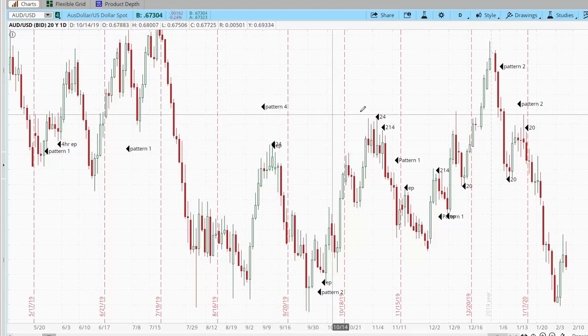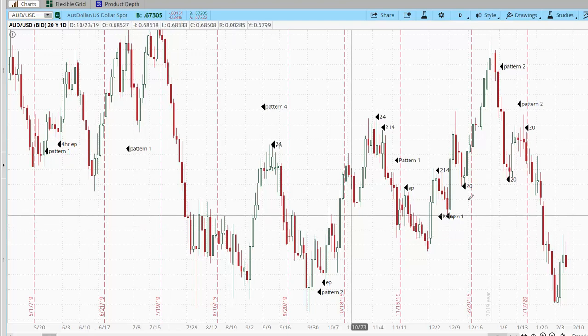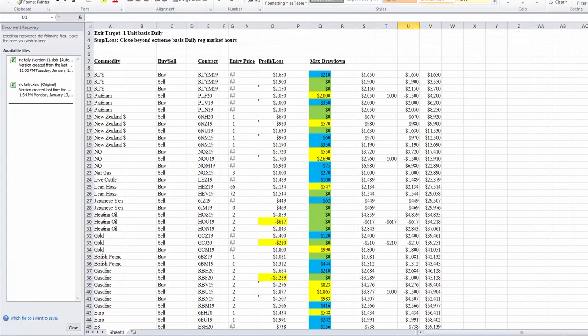After doing that, he went through I think 30 some odd different futures contracts, silver, gold, bonds, whatever, and determined when those setups occurred.